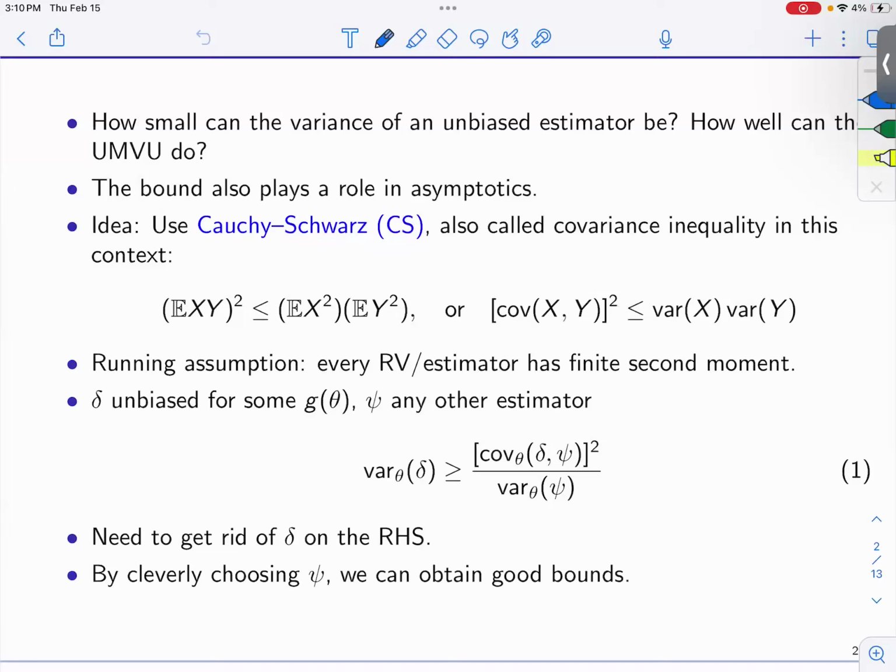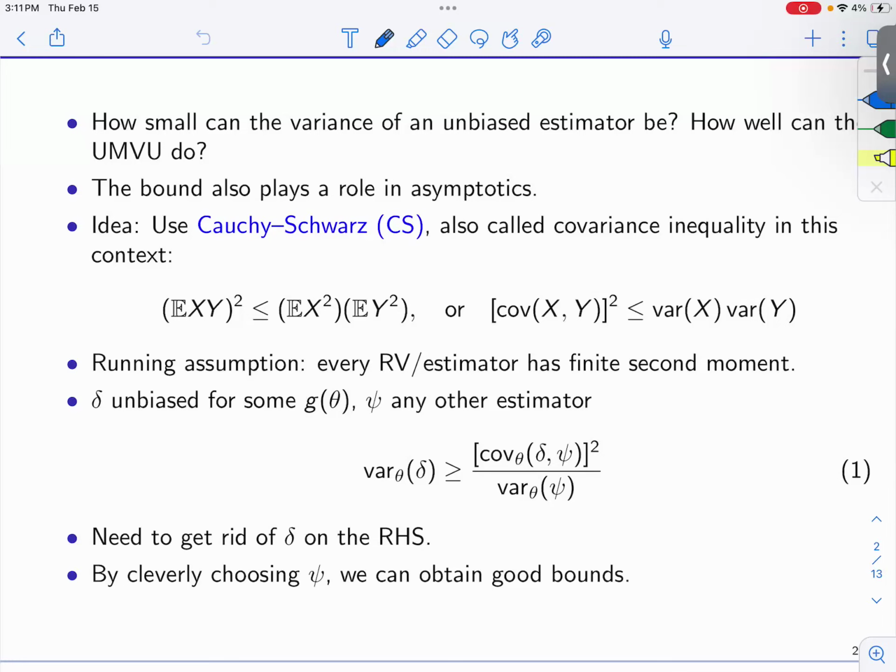So the plan to use this to derive a lower bound on the variance of the UMVU, or the variance of an unbiased estimator, is to rewrite it. I take an estimator delta, and I take another estimator, or potentially something that's not even an estimator, psi.